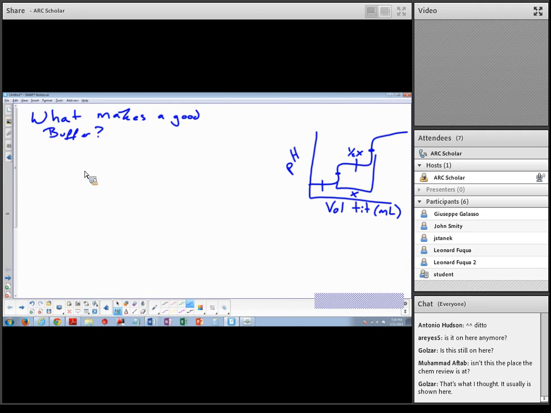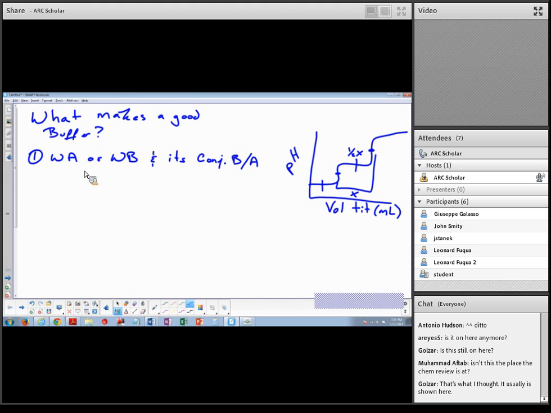In order to be a buffer, what do you have to have? You have either a weak acid or a weak base, and its conjugate base or acid.